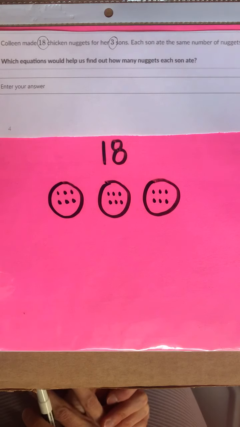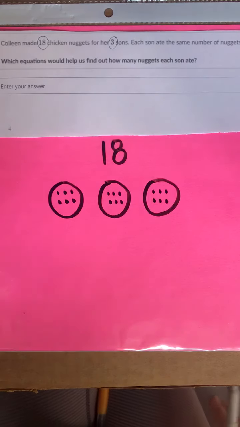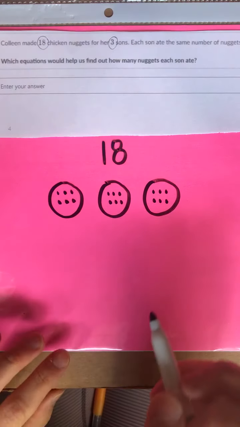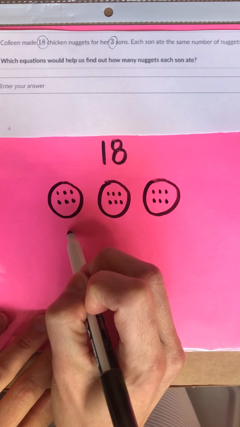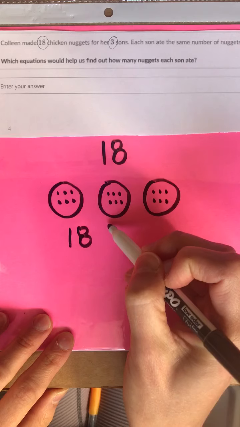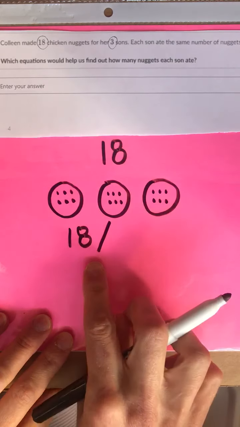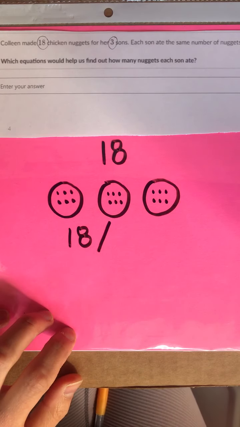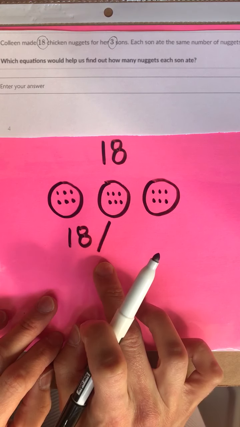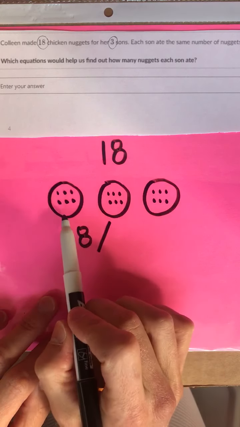So what division equation can we write to match our picture? Let's do this one together. Well, Colleen started with 18 nuggets and she divided, I'm going to use this symbol because that's the symbol that you can use on the computer, okay, just to get you used to seeing that. So 18 divided by what?